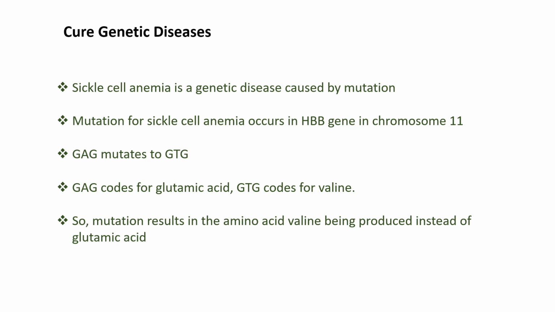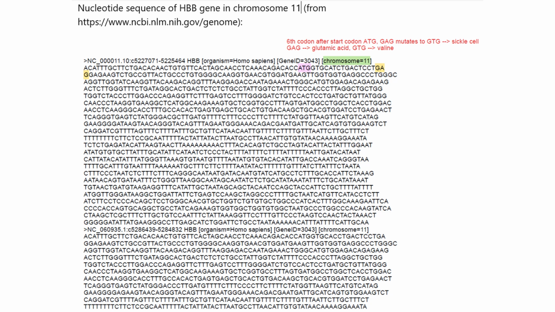So, the mutation results in the amino acid valine being produced instead of glutamic acid. This is the nucleotide sequence of the HBB gene in chromosome 11. The start codon is ATG. The mutation happens in the sixth codon after the start codon, which is GAG. GAG mutates to GTG, which causes sickle cell.